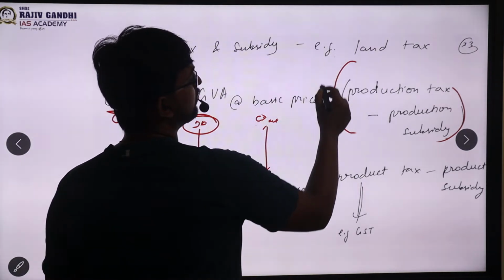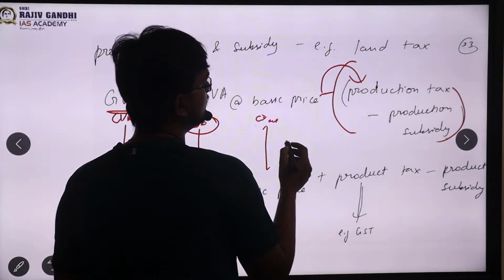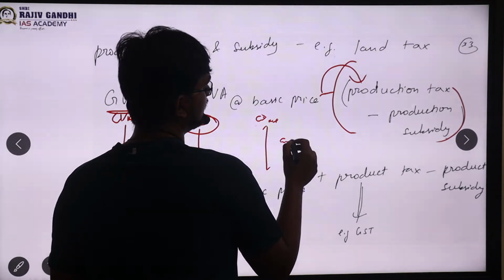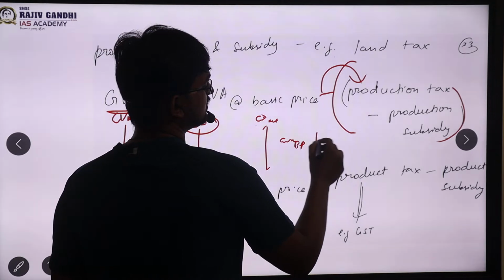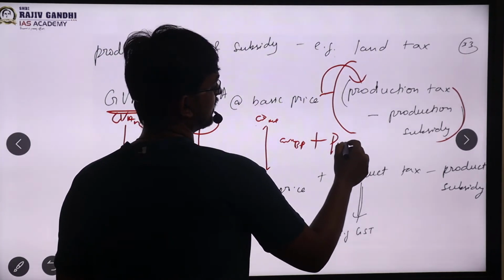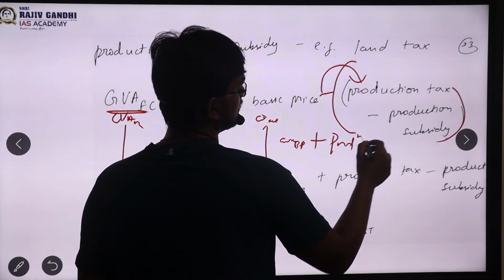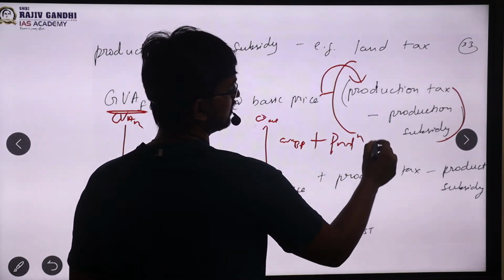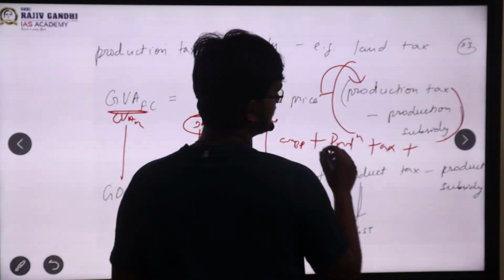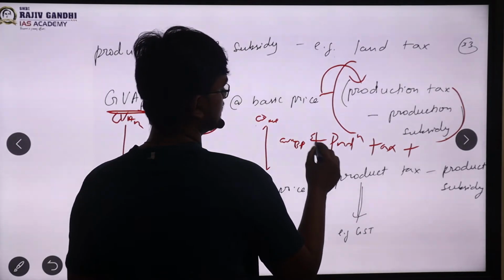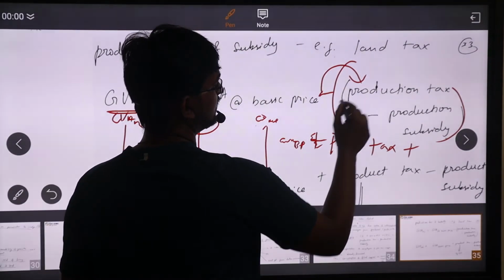So essentially what will my formula come to? Okay, so basically I will be multiplying this into the bracket. So this will be nothing but GVA at BP plus, production tax, production tax plus, here since this minus will go inside, minus into plus is minus.